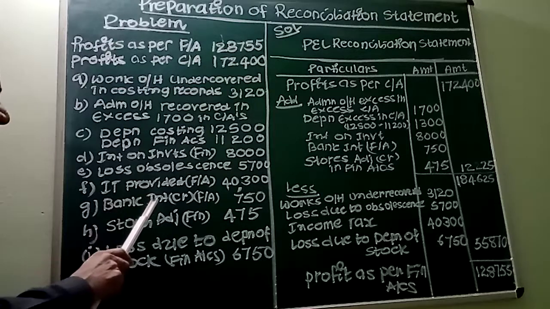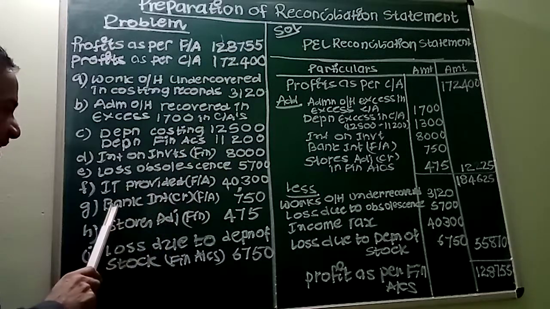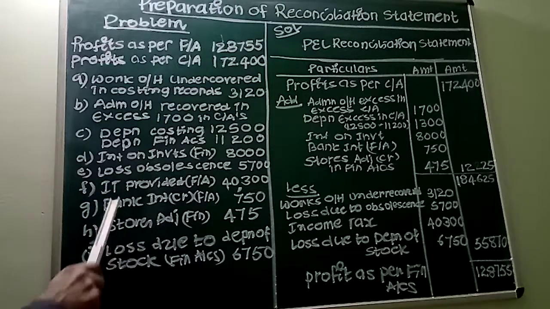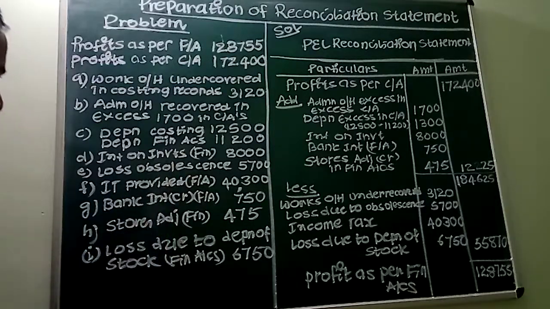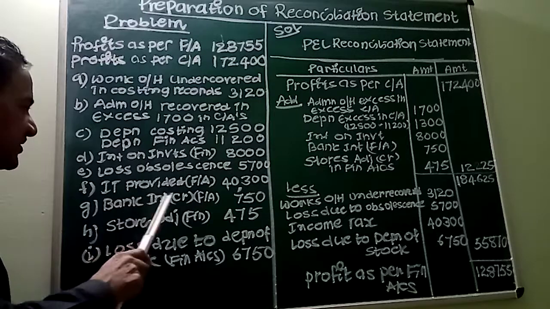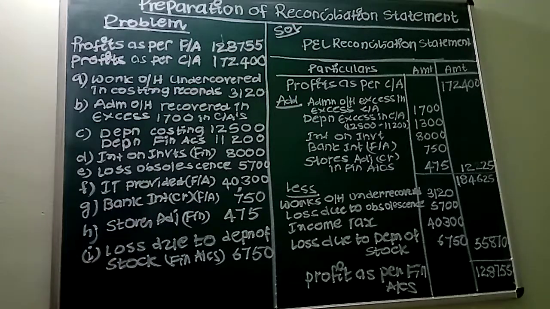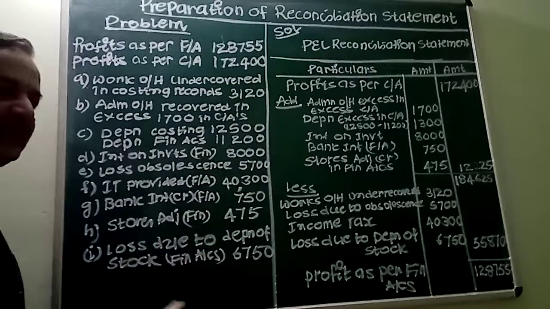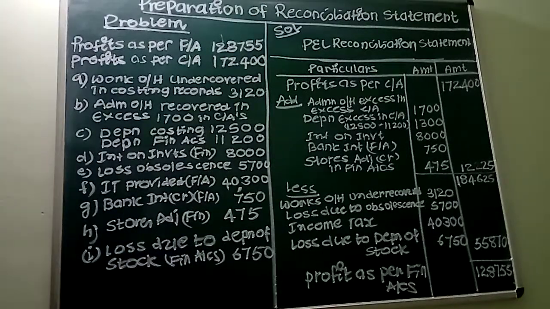This will increase the profit in financial accounts. Again, this is purely a financial revenue, financial income. This will come only in financial accounts. When the bank interest is credited, definitely it will increase the profit in financial accounts, so it must be added. Anything which results in the increase in the profits in financial accounts must be added.